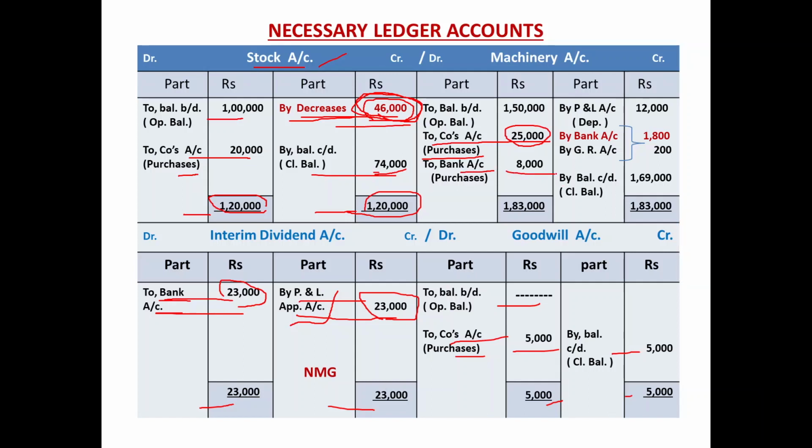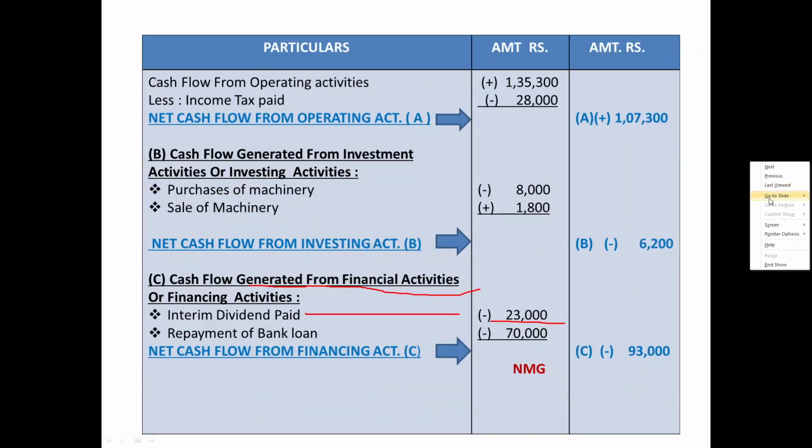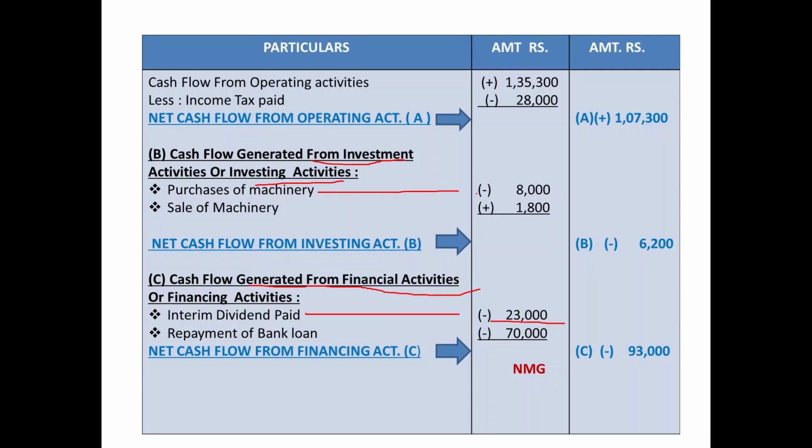Machinery account debited 8,000 to bank account credited 8,000. Title came bank, indicates cash outflow. So under investing activities, minus 8,000. Let us report it. Cash flow generated from investing activities, purchase of machinery, minus 8,000.